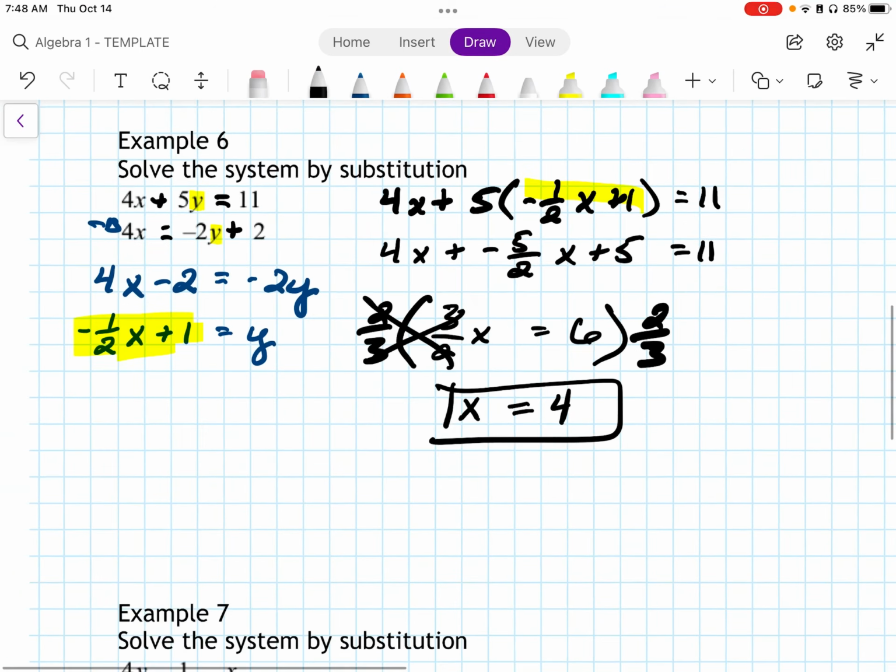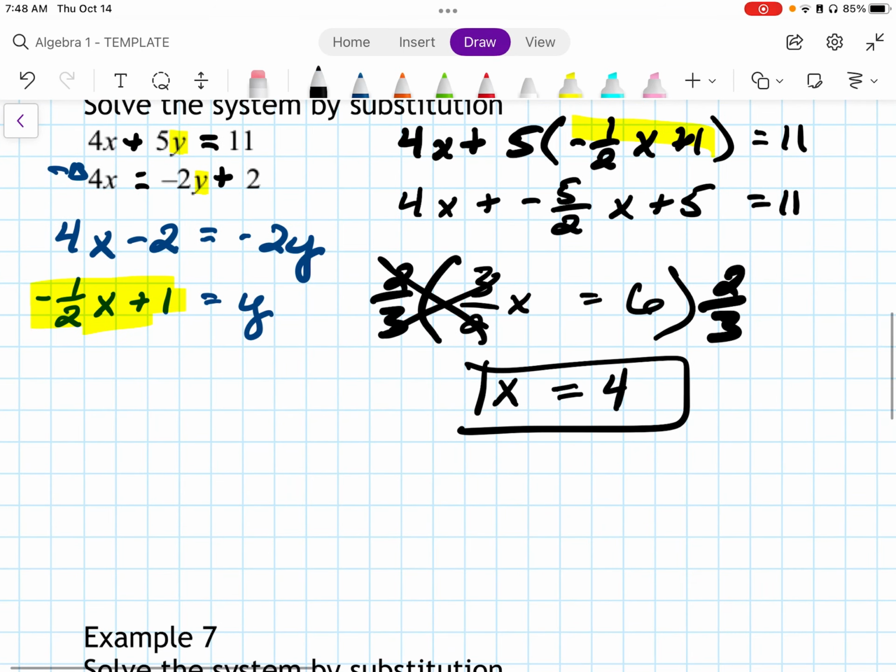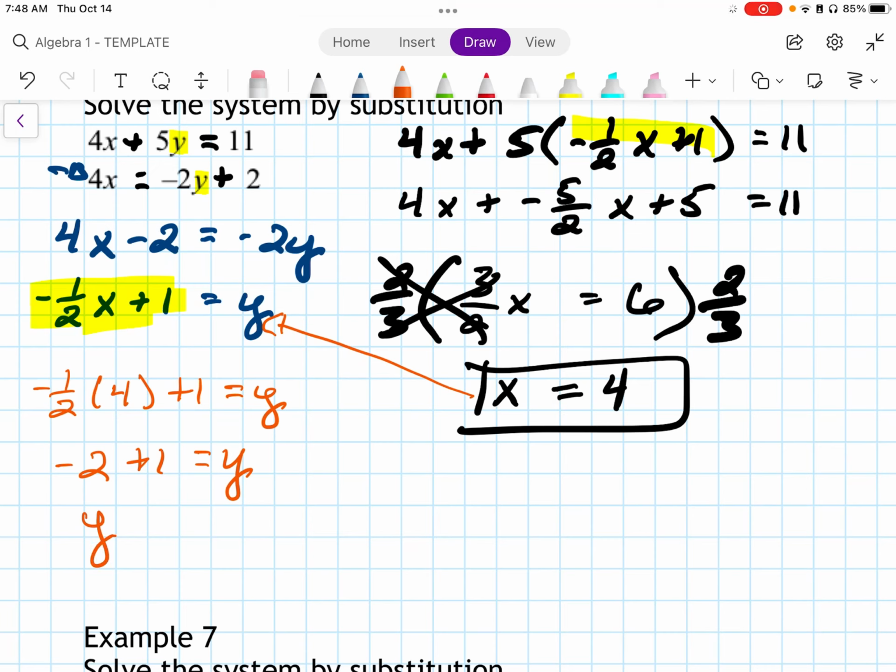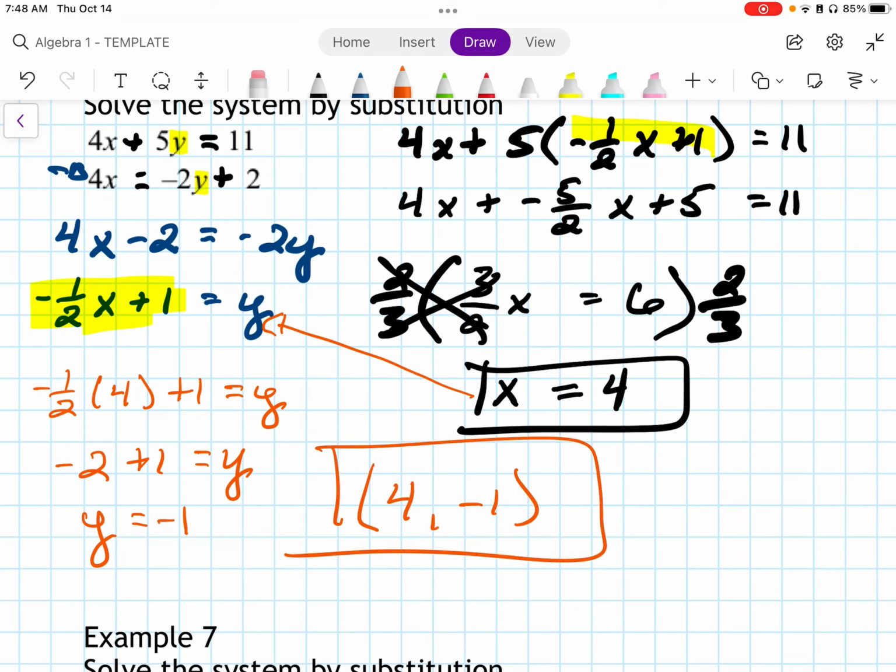So x equals 4. Now I'm going to plug into this equation there, so I get negative 1/2 times 4 plus 1 equals y. So negative 2 plus 1 equals y, and y equals negative 1. So my point here would be 4, negative 1. And you need to write it as a point. That's part of the problem, is writing it as a point.